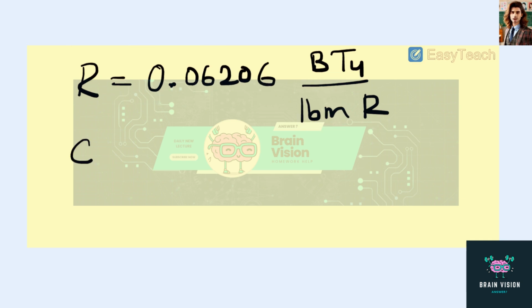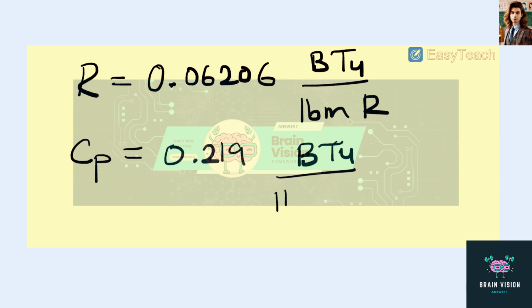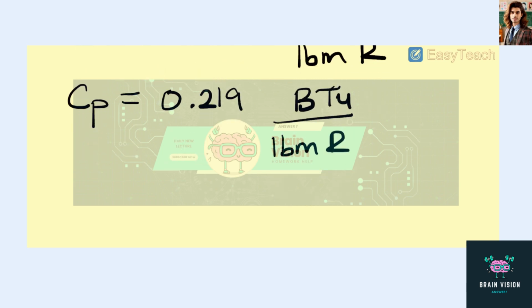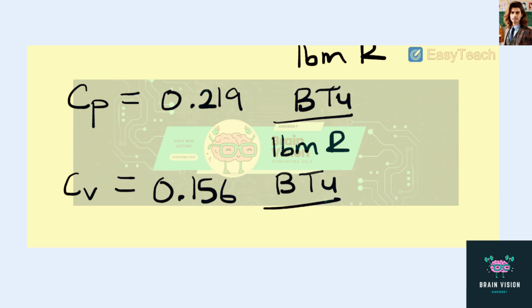We find that our specific heat capacity at constant pressure is 0.219 BTU per pound mass Rankine, and our specific heat capacity at constant volume is 0.156 BTU per pound mass Rankine.